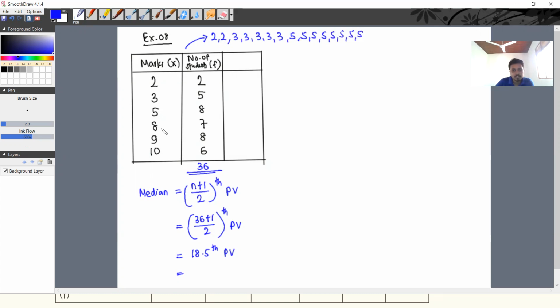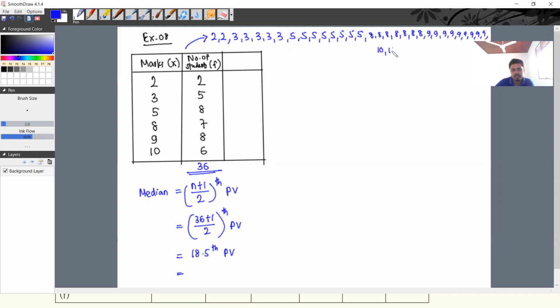There are 7 students who has scored 8 marks. 1 2 3 4 5 6 7. There are 8 students who has scored 9 marks. 1 2 3 4 5 6 7 8 9. And there are 6 students who has scored 10 marks.